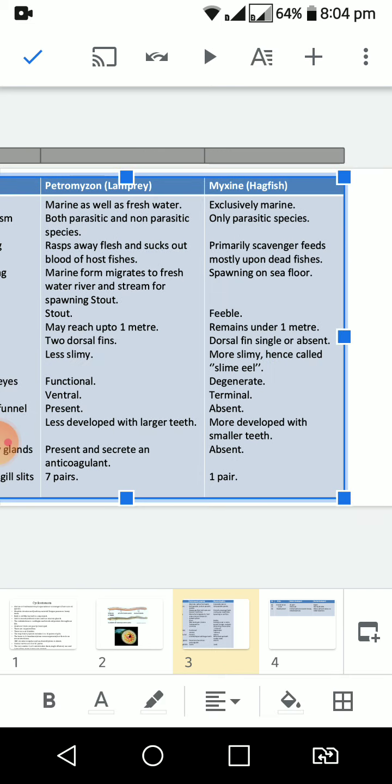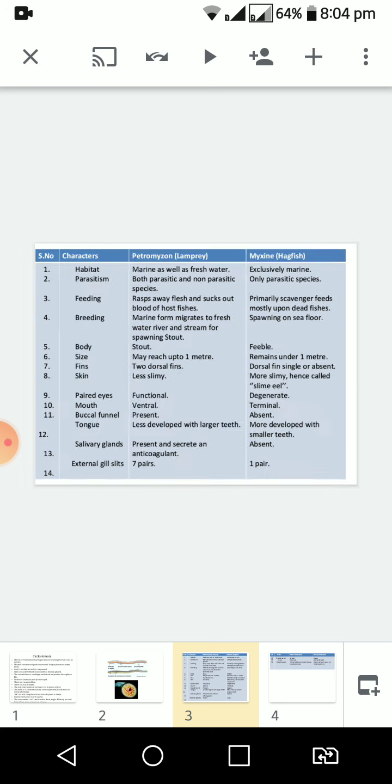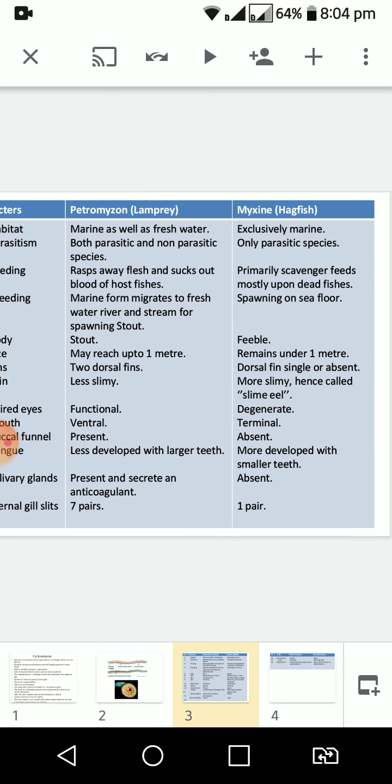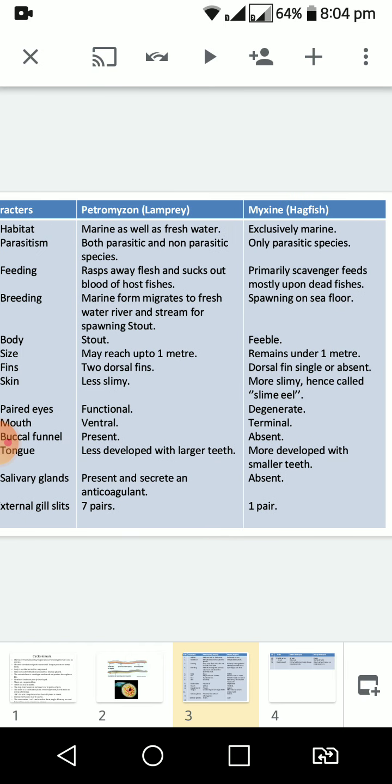Petromyzon and Myxine are both included under Cyclostomata.